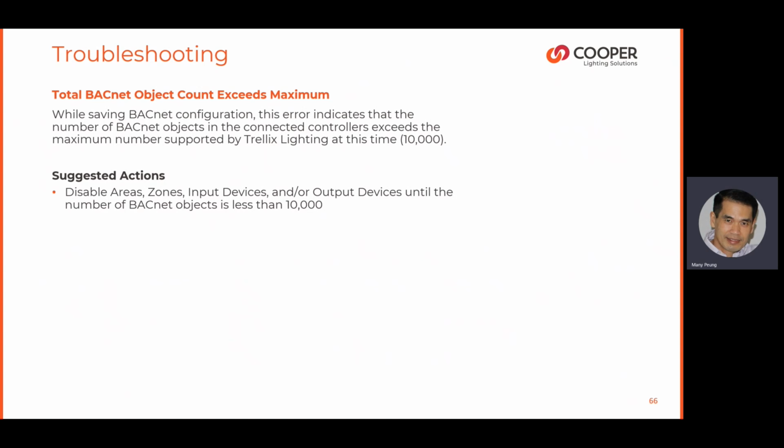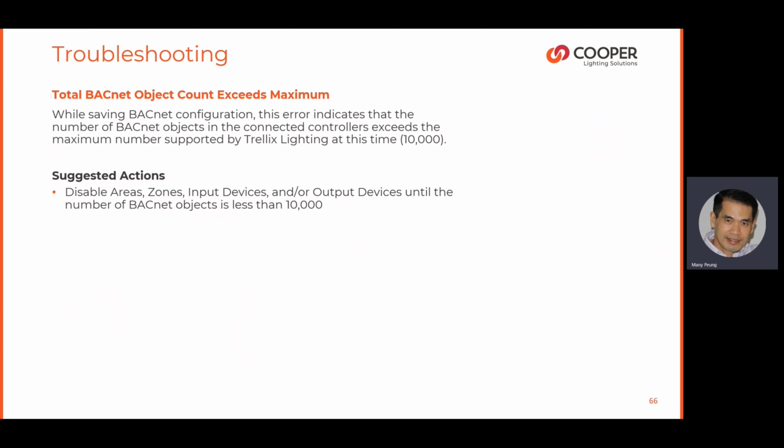You cannot select everything, because on a larger site you are going to use up all the 10,000 points, because Trellix only allows up to 10,000 points all combined, whether it is points for area, zone, input devices, output devices, occupancy status, or daylighting status.